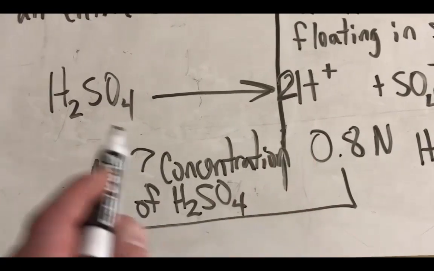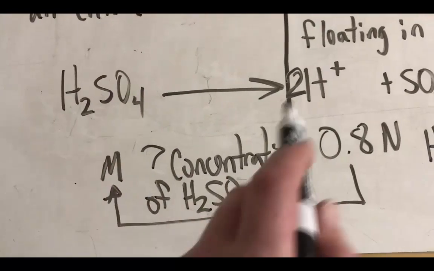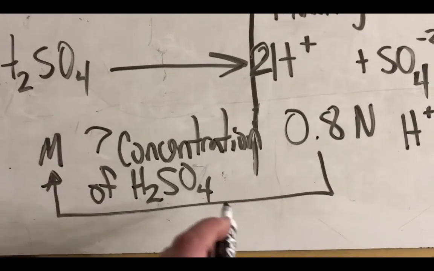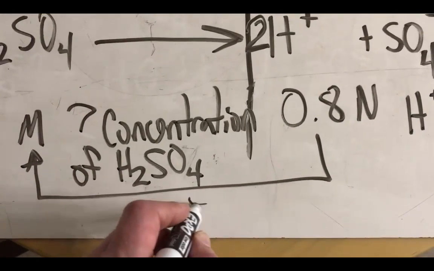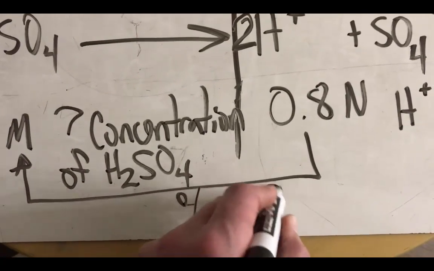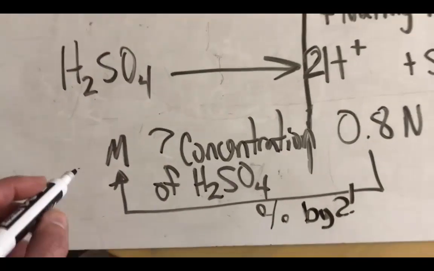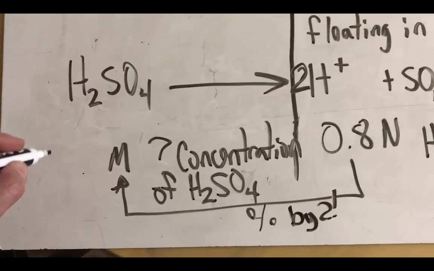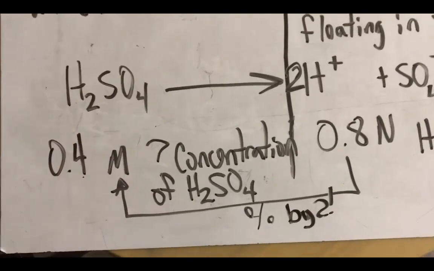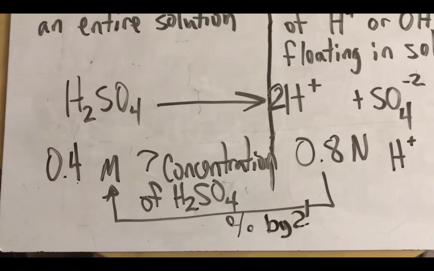Well, it's still this difference here. Instead of multiplying my answer by 2, if you're going this way, you're going to divide by 2, okay? And so this concentration of sulfuric acid would be 0.4 molar sulfuric acid.